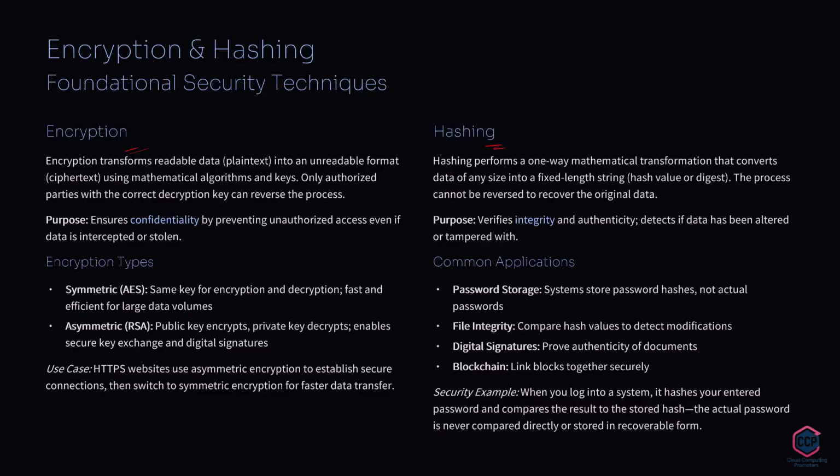Okay, what happens in hashing? Hashing produces an alphanumerical format which defines that the file is original. For example, if you want to test whether gold is original or fake, what do we do? We put the gold into an acid, right? It won't react, because the purest form of gold will not react with acid.